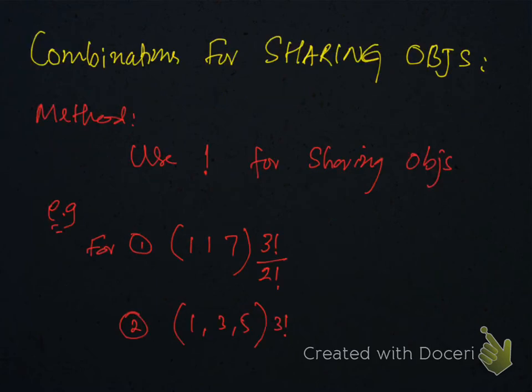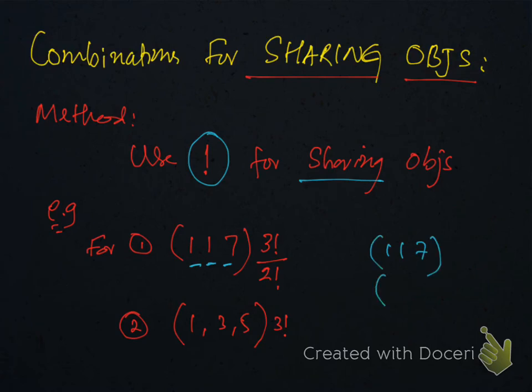Combination for sharing objects. Sharing or dividing. Method: use factorial. Always use factorial for sharing or dividing objects. For example, if we are dividing 9 objects in odd numbers, like 1, 1, 7, these have 3 possible arrangements: 1, 1, 7, 1, 7, 1 and 7, 1, 1.